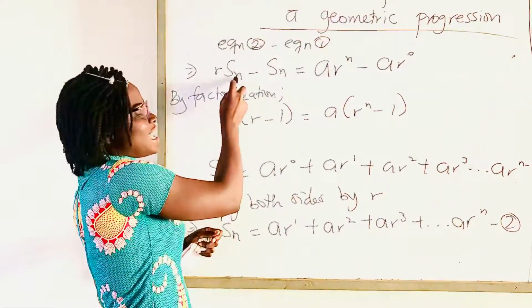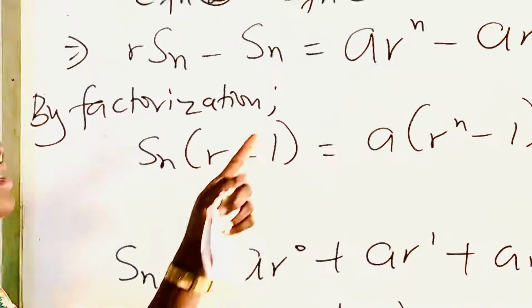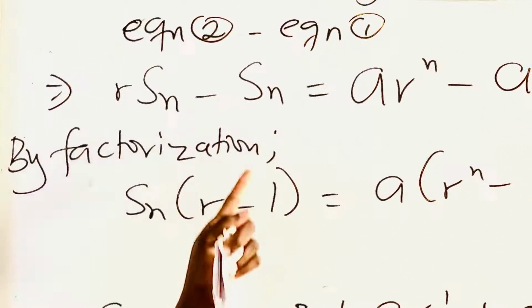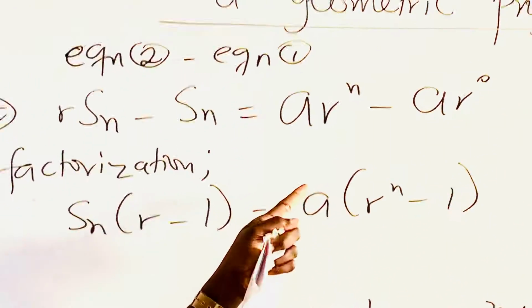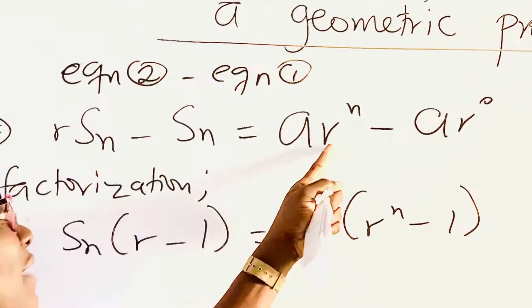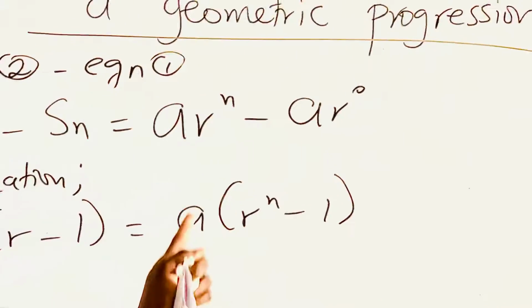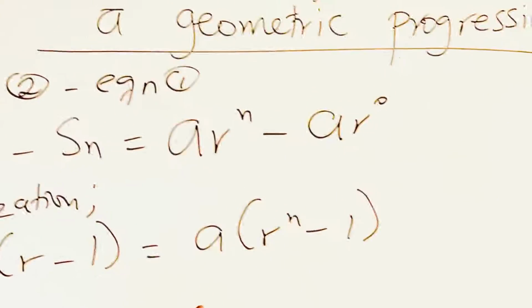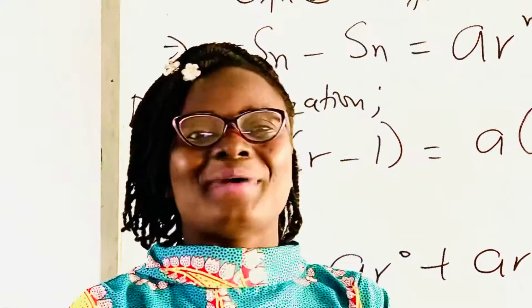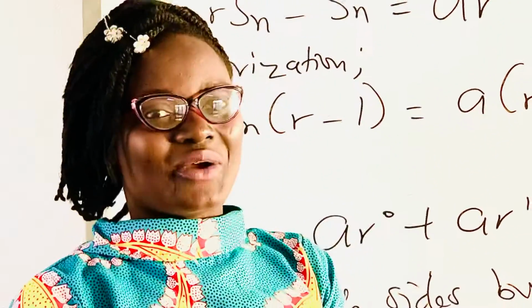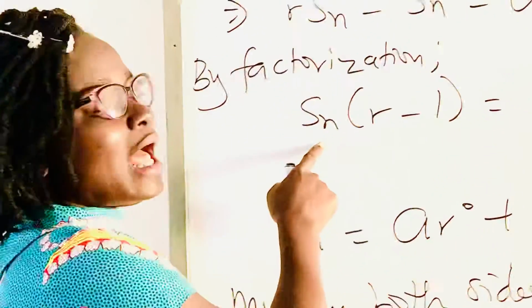When you take Sn from r Sn, you'll be left with r, and when you take Sn from Sn, you'll be left with 1. Coming to this side too, when you take a out, you'll be left with ar exponent n. When you take a out from here, you'll be left with 1, because any number or letter exponent 0 is 1. Great. We are not done. We are looking for Sn.